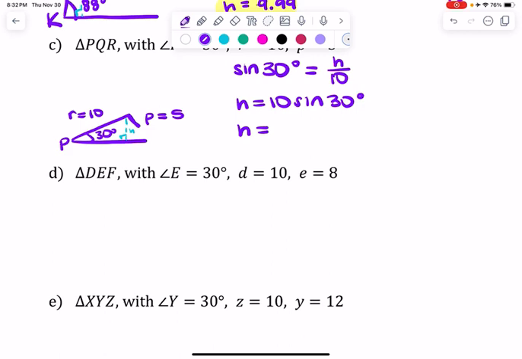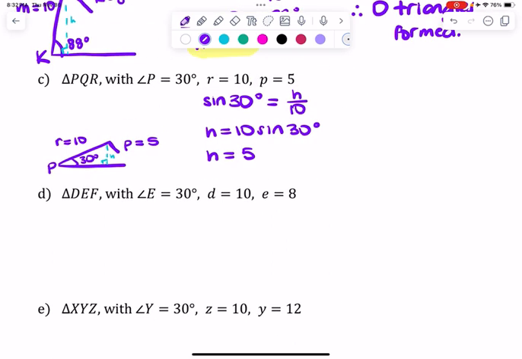It's an exact value. Sine 30 is half, so half of 10 ends up being 5, which is super cool because, hey, look, our h value is equal to our side length 2. Side length 2 is equal to my height, and when I do that, I have one right triangle formed. Now, remember, I don't care in this particular instance that you know it's a right triangle because that's not what I'm asking you, but it'll help us when we're solving them down the road.